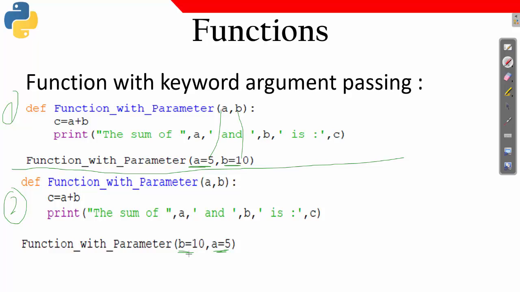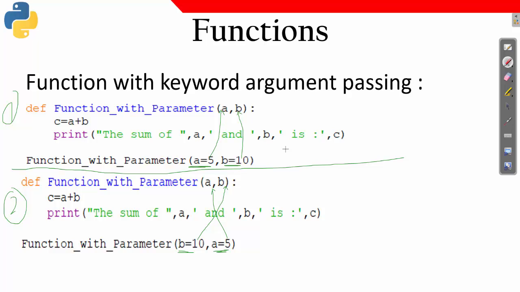Here b is written first, but it doesn't matter: 10 will be given to b and 5 will be given to a. So here the ordering is not important. The ordering of the variables is not important when you are passing keyword arguments.